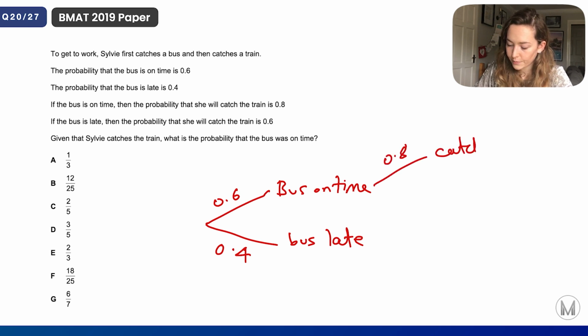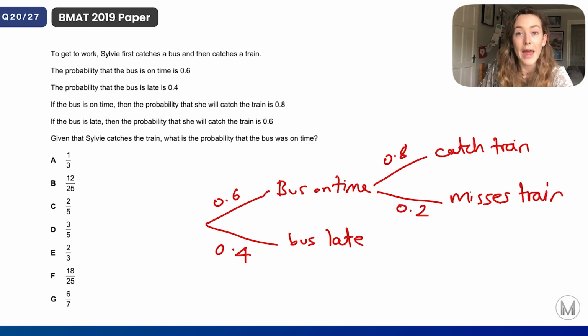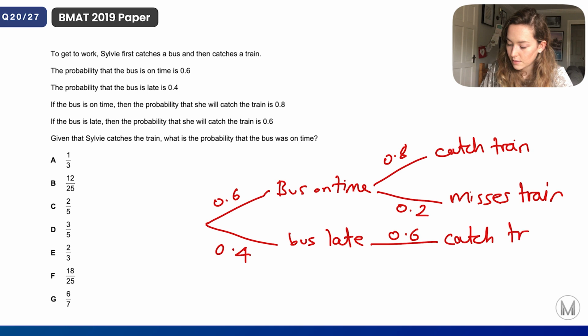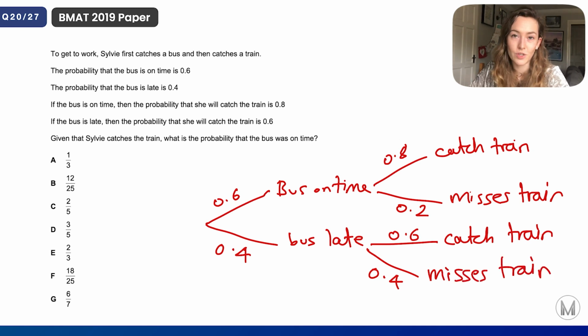So catch train. That means misses train. The probability is 0.2. Now, if the bus is late, the probability that she'll catch the train is 0.6, because it tells me that. And then, therefore, it must be a 0.4 chance that she misses the train. You don't have to write it all out in order to save time in the actual paper.